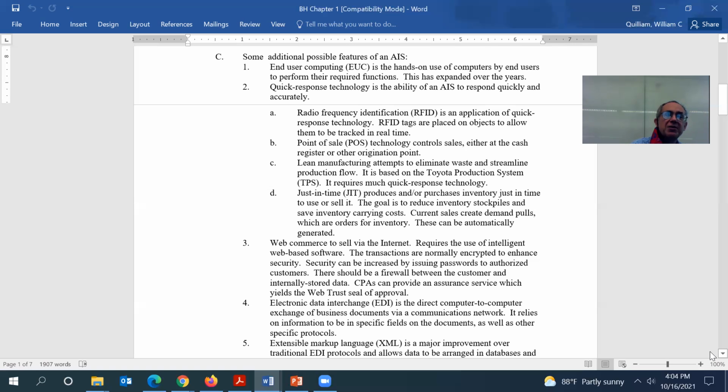It's an application of quick response technology. RFID tags are placed on objects to allow them to be tracked in real time. So with RFID tags, eventually stores would love to have these on inventory items, but they're too expensive right now for most inventory items.